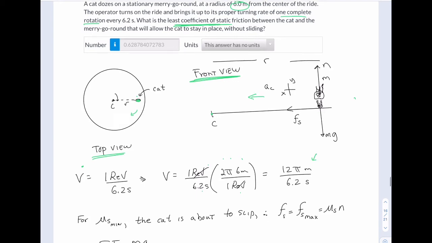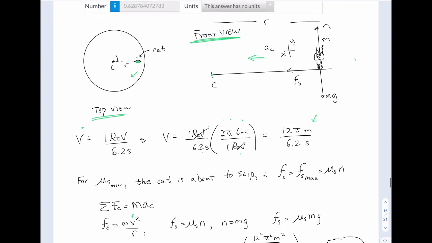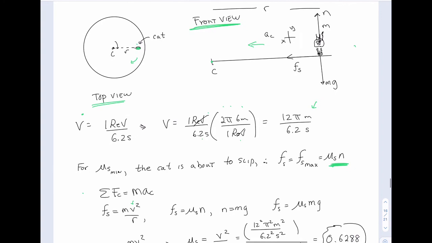Okay, so to find the smallest coefficient of static friction at which the cat would slip, that means it's on the verge of slipping, so static friction would be equal to its biggest value for that speed. It's equal to mu n. So when I apply F equal ma for step 5, I do net force centripetal equals ma centripetal. Static friction is my centripetal force. That's equal to mv squared over r.